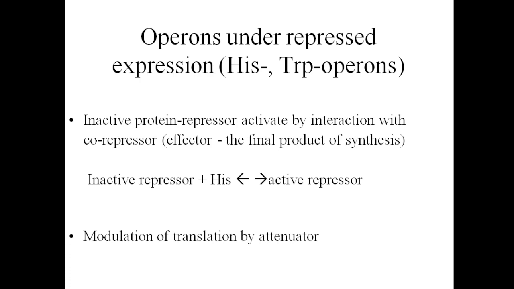The repressor is synthesized but inactive, and the operon is active. But the appearance of a target substance, for example histidine, together with the corresponding repressor leads to its activation. The activated repressor binds the operator, and transcription is stopped.